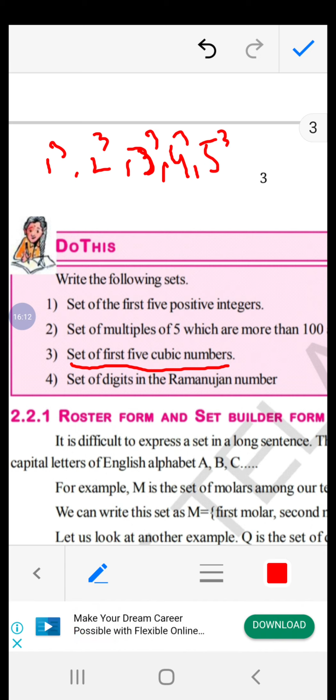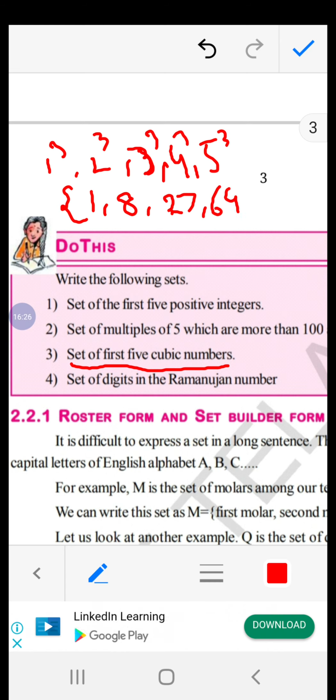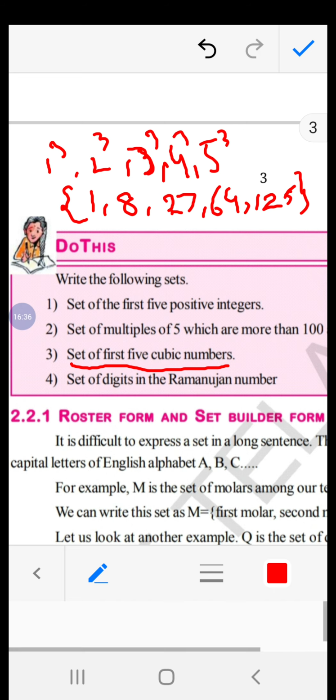So in a set we are going to write 1, 8, 27, 64, 125. So these are the first 5 cubic numbers.